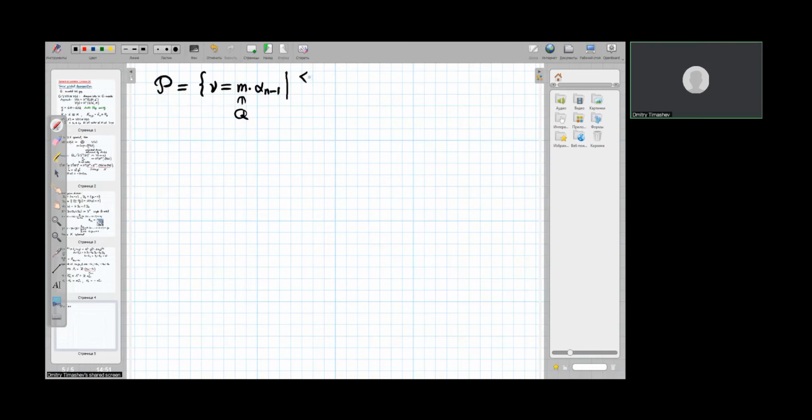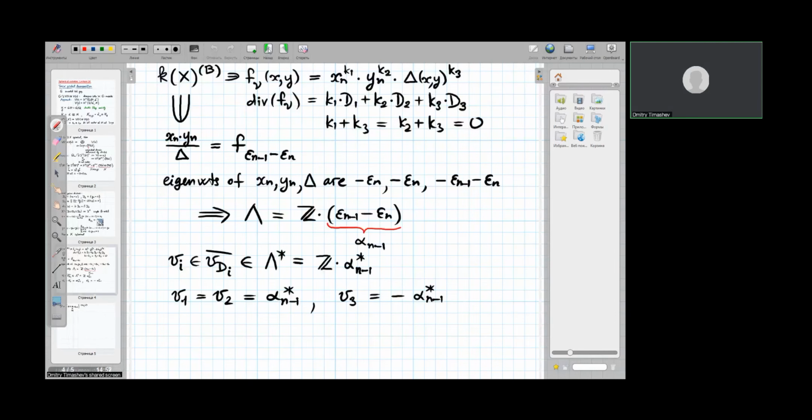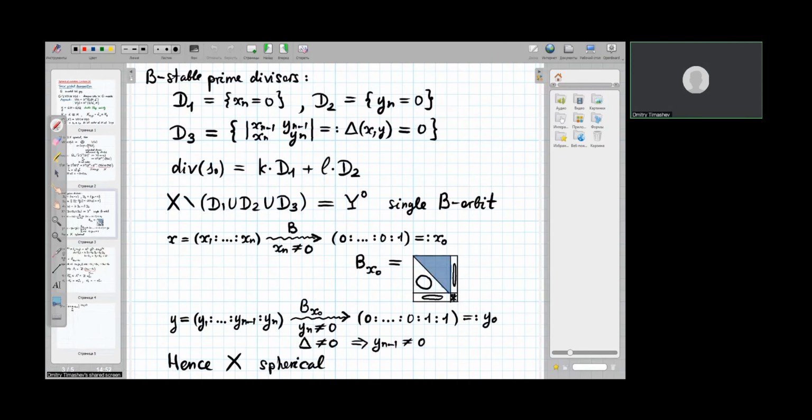So the pairing of each of these vectors V1, V2, V3, of each of these Vi's with the weight nu, should be greater or equal than the respective multiplicity of the divisor Di in the divisor of the section S0. So in here you see the multiplicities.